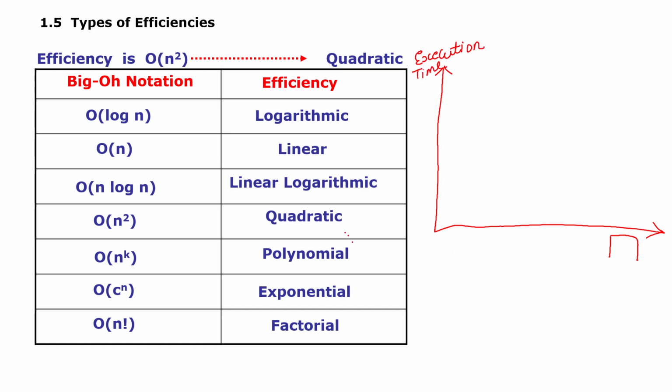Now, if I want to draw a graph for a logarithmic algorithm, that means if an algorithm is logarithmic, then its graph will look something like this. Okay, one minute, I'll just draw it once again.